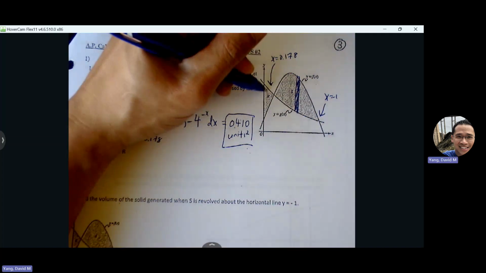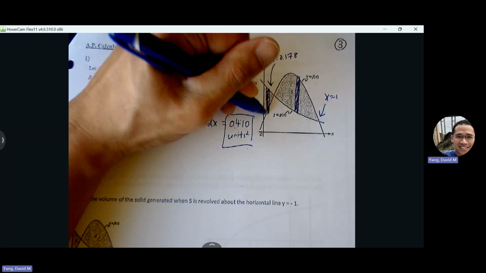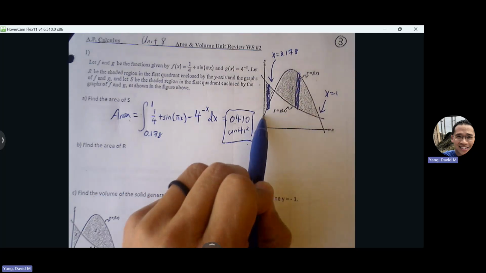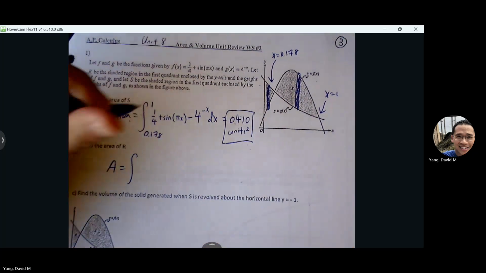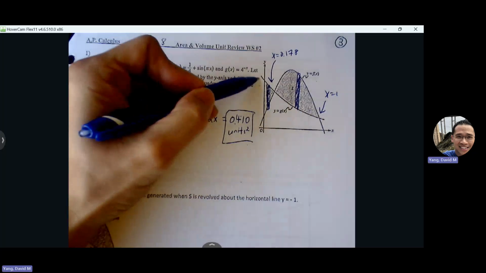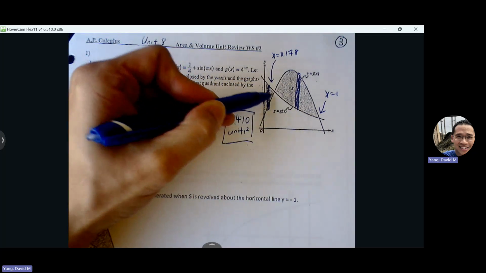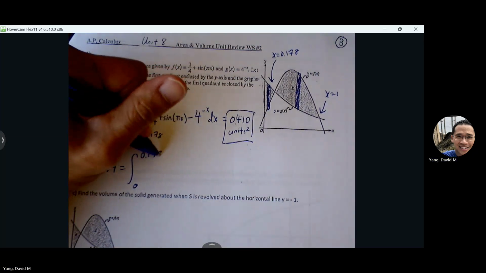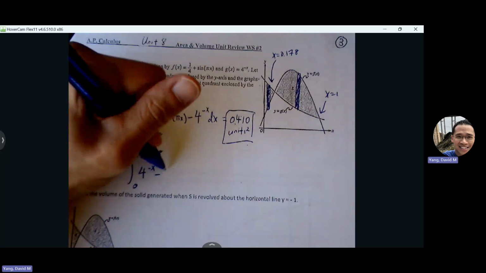Okay, area of region R. Notice that region R has a different top function since this g of x is now at the top and then your f of x is now at the bottom here. So that's going to extend from the y-axis, which is x value 0, so 0 to 0.178, which is flipping the top and bottom function here.